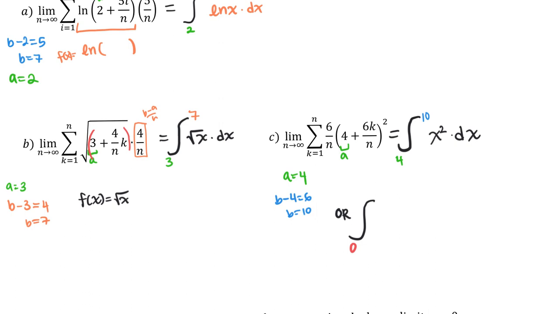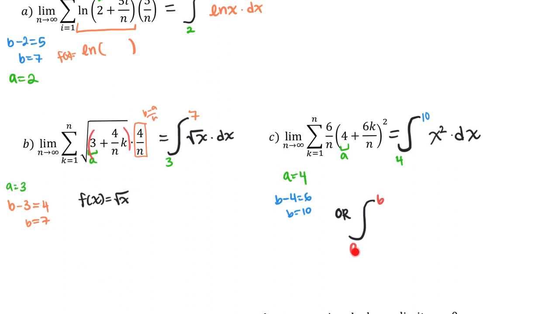Okay, if I want to make a 0, b minus a over n still has to equal 6. So this must be 6 then. Okay, 6 minus 0, 6 over n, and then this would be b minus a over n times k. This still works. Okay, but what about my function?